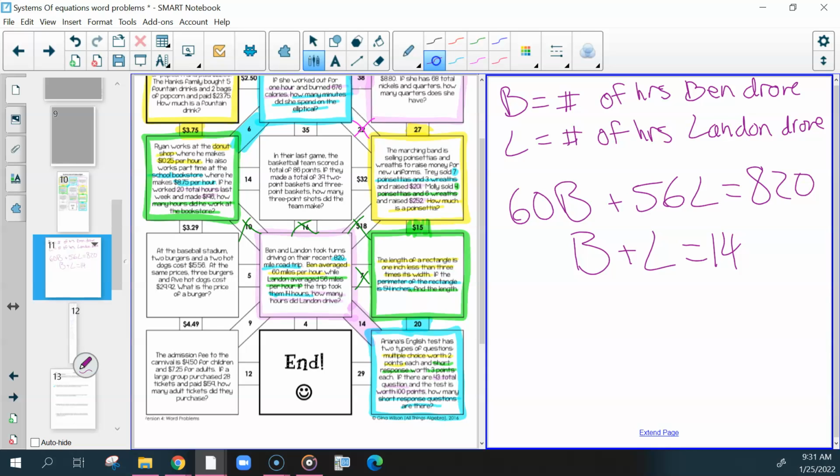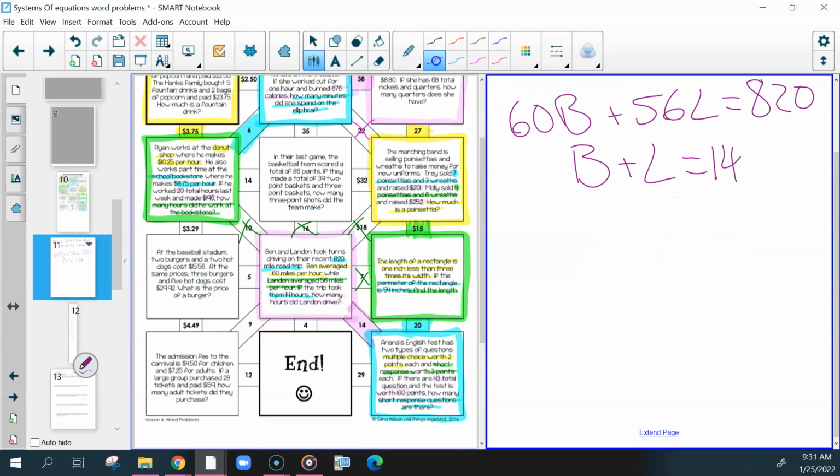Substitution would be easy, but elimination 1. I mean, graphing would also be, like, all of them would really be easy for this one. It doesn't matter. You'd have fractions for this one, for graphing, but substitution or elimination would work.